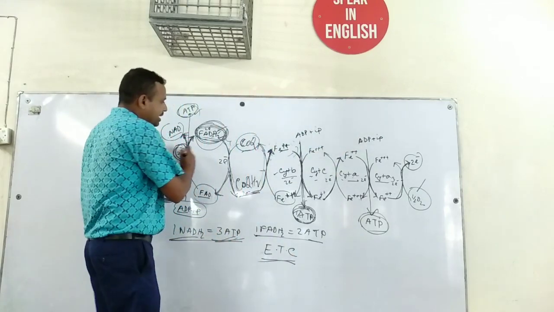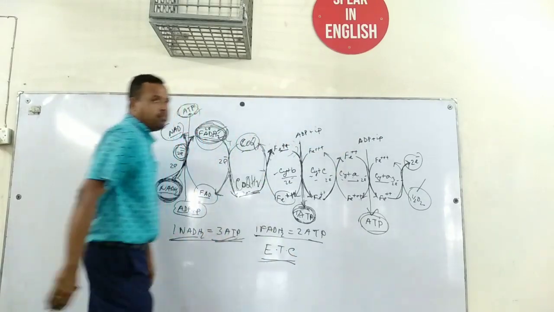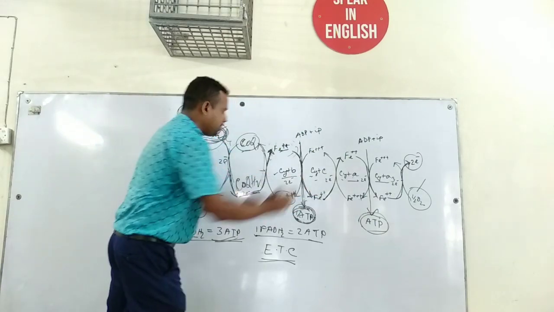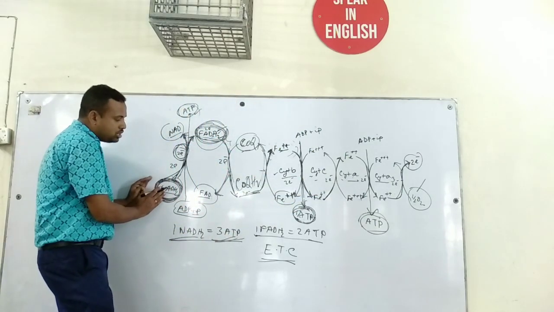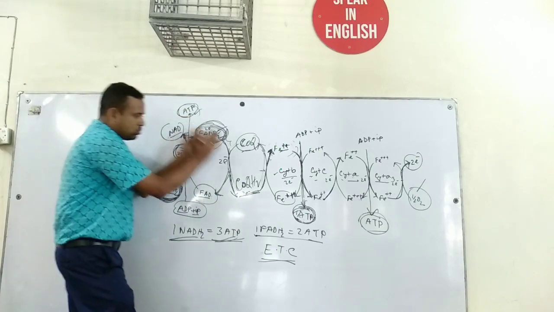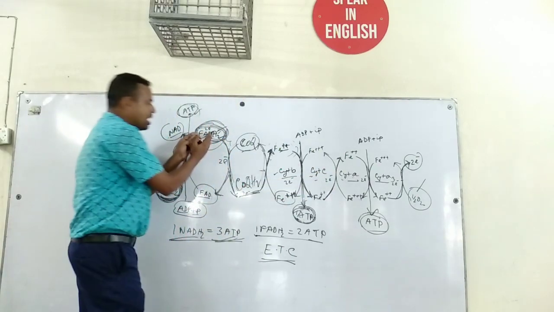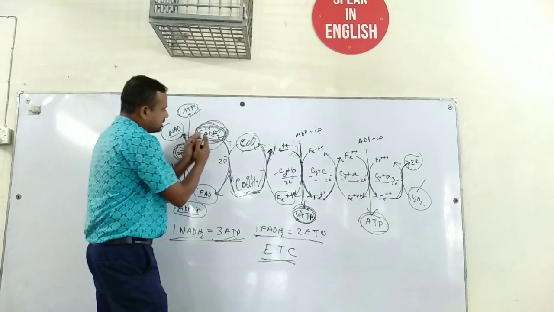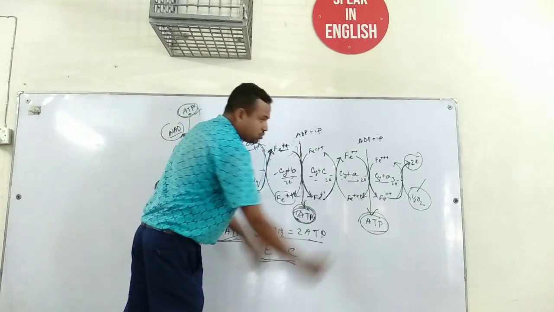That's why the electron gradually loses its energy and produces 1, 2, 3 ATP. If you count from NADH2, that is 1 ATP, 2 ATP, 3 ATP, but from FADH2, the first ATP is uncounted because it starts from here, so it produces 2 ATP.